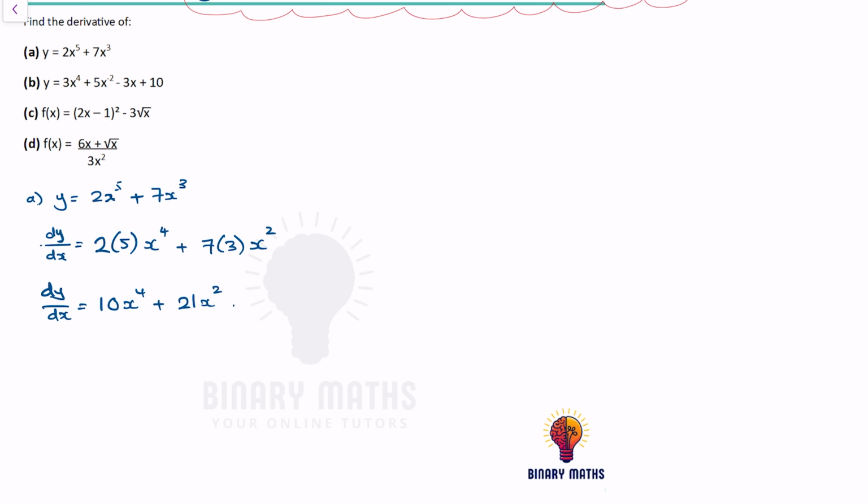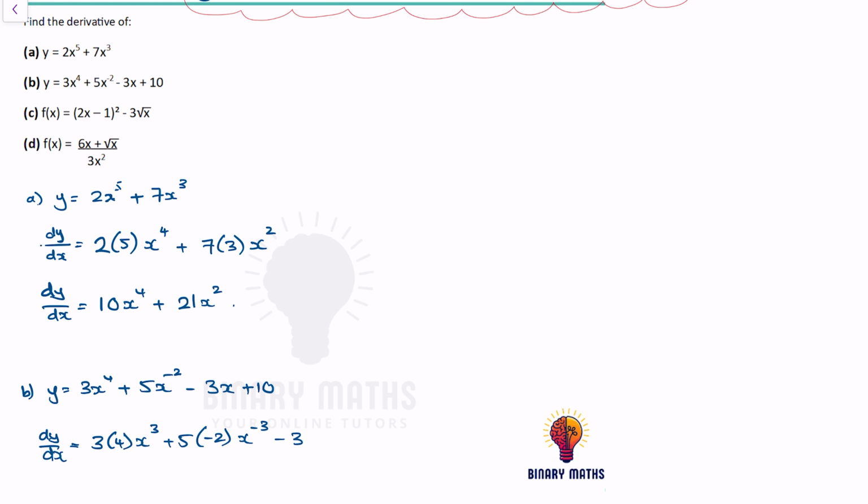So that's A. I do B, y is equal to 3x to the power of 4, plus 5x to the power of minus 2, minus 3x plus 10. Then I'm finding dy dx, the derivative. 3 stays there, the 4 drops down, x to the power of 4 decreased by 1 is 3, plus 5 lots of the minus 2 drops down, x to the power of minus 2 decreased by 1 gives minus 3.